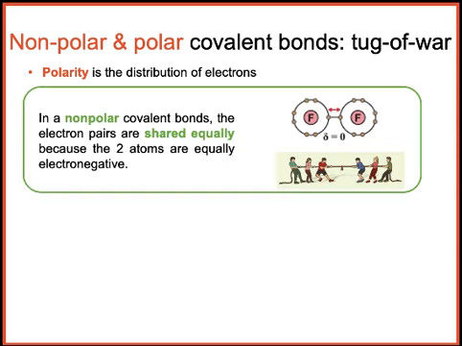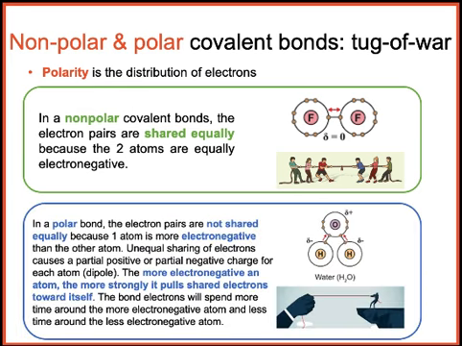In a nonpolar covalent bond, the electron pairs are shared equally between the two atoms and are equally electronegative. In a polar bond, the electron pairs are not shared equally because one atom is more electronegative than the other atom. Unequal sharing of those electrons causes a partial positive and negative, what we call a dipole.